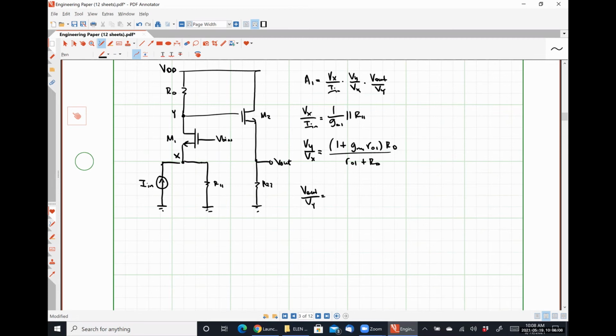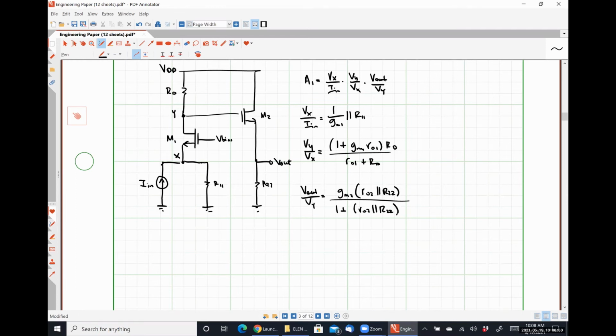This is literally an amplifier on the back cover of your textbook kind of thing. We've already dealt with this, so I'm just going to give us the transfer function directly. The only change that I make is they have the denominator as 1 over gm plus blah, blah, blah. I multiply through by gm so that I don't get weird, dumb fractions inside of fractions because I hate that. So this is going to look like gm2 times r02 in parallel with R22 divided by 1 plus gm2 times r02 in parallel with R22.